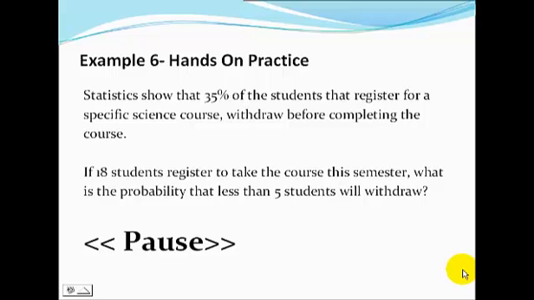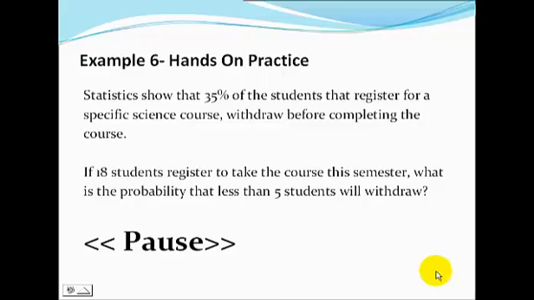You should pause the video at this time and go through our basic steps for first identifying that this is a binomial probability experiment, and then use our tables in order to determine the probability that less than 5 students will withdraw from the course.